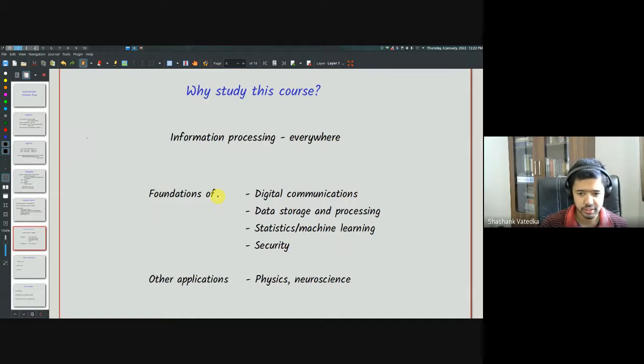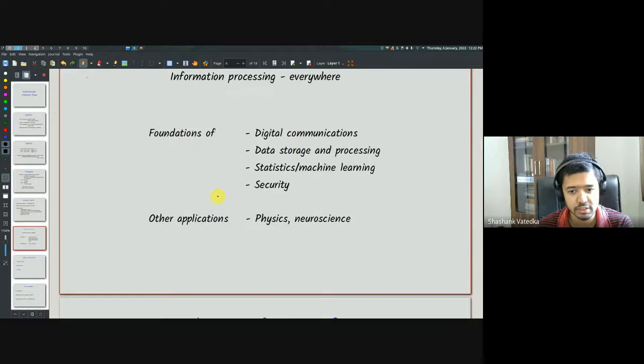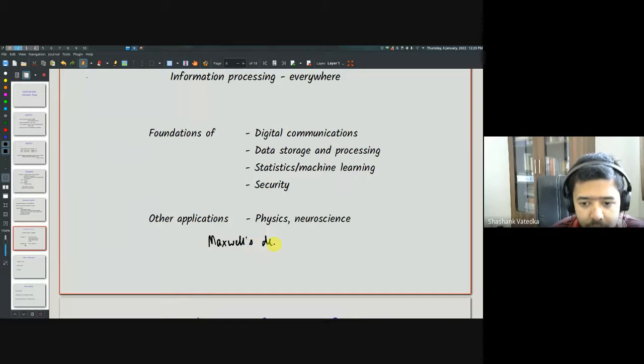If you're interested, you should look up this particular term called Maxwell's demon. Just Google this term, Maxwell's demon. It's a very interesting concept.